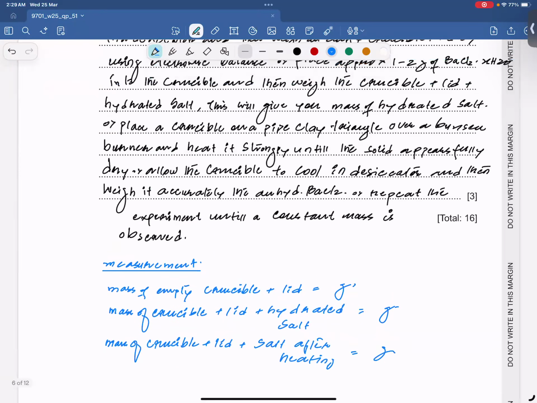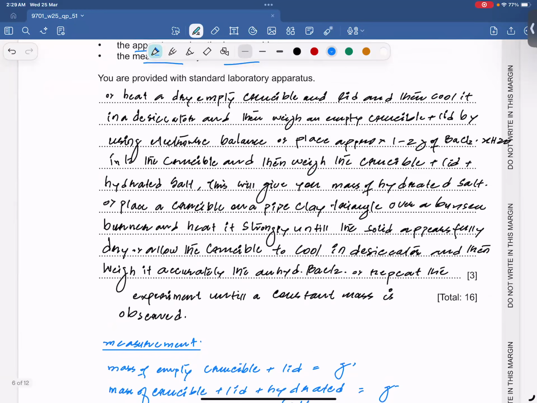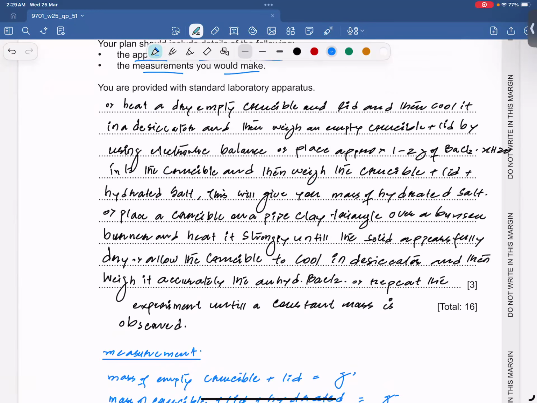I have already mentioned in my plan how much and what sort of apparatus I have used, and I think it's more than enough.